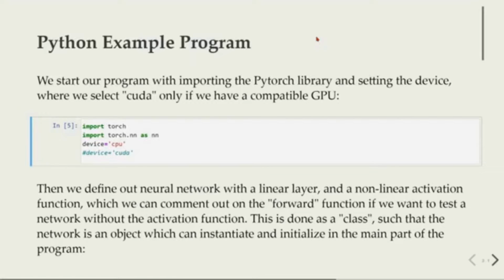Then we define our neural network with a linear layer and a nonlinear activation function, which we can comment out on the forward function if we want to test the network without the activation function. This is done as a class such that the network is an object which we can instantiate and initialize in the main part of the program.